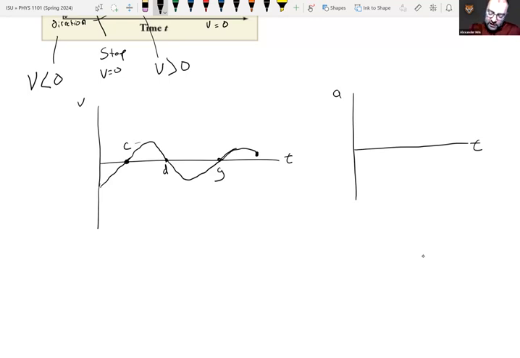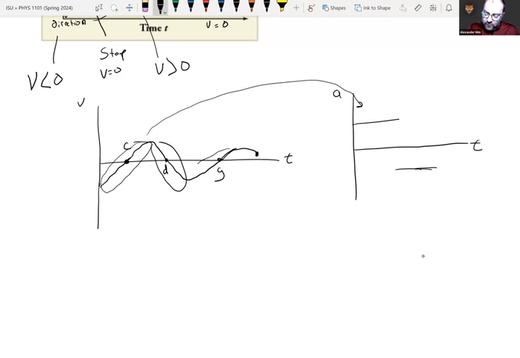Notice here we have a roughly positive slope, so I would take something like that for that first segment. There we have a roughly negative slope, so I would drop it down to a negative horizontal line. There we have a roughly positive slope, so I'd bring it back up. And then there, a very small negative slope, like so.